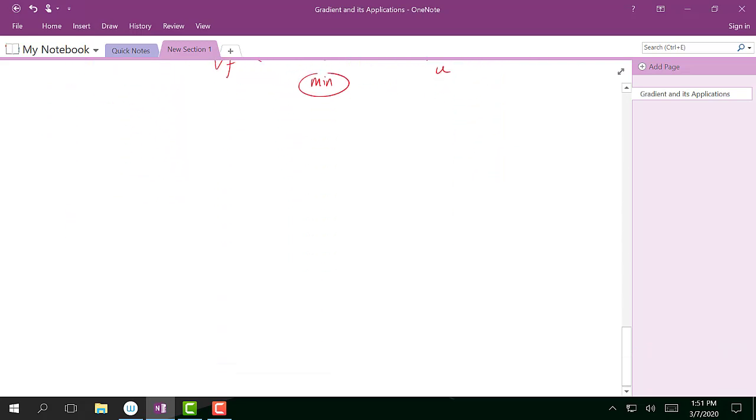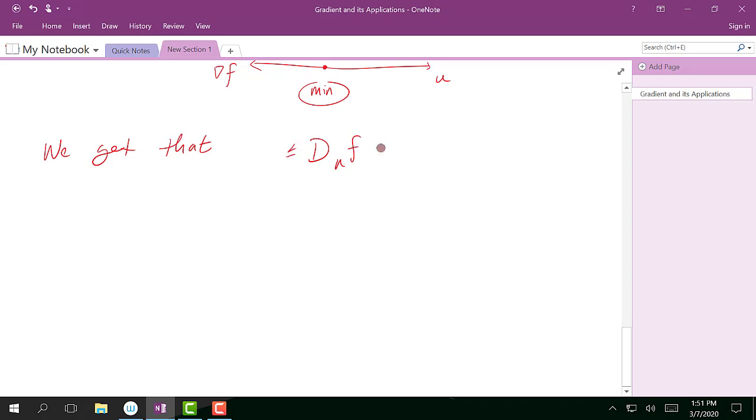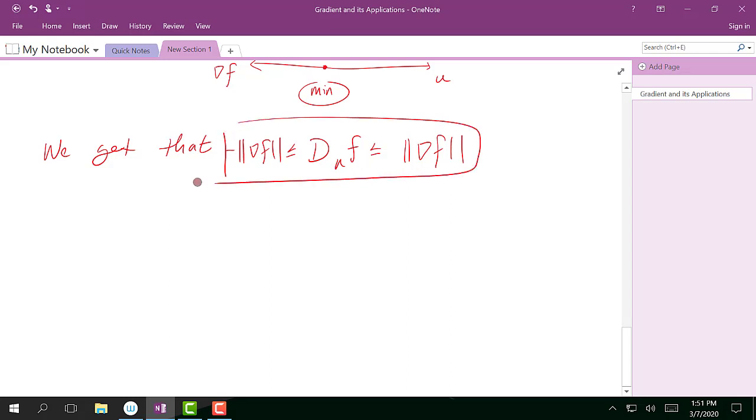Okay, so just to briefly summarize this, we get that the directional derivative is bounded between the magnitude of the gradient from above and the negative magnitude of the gradient from below. So this is a very succinct way of summarizing what we just said.